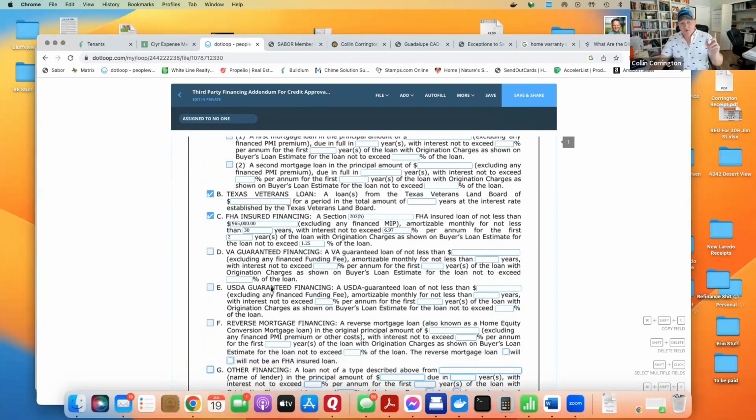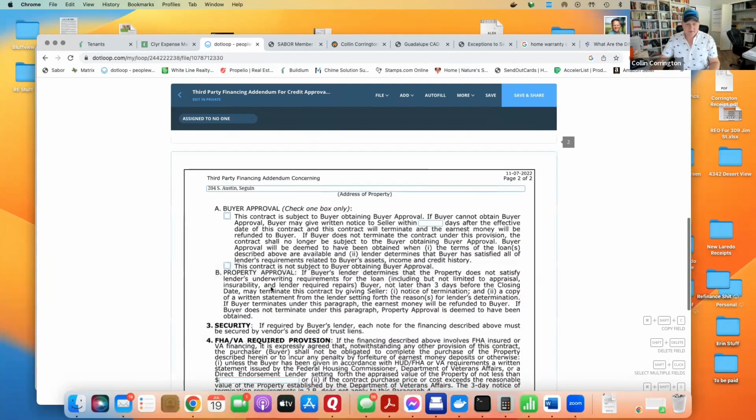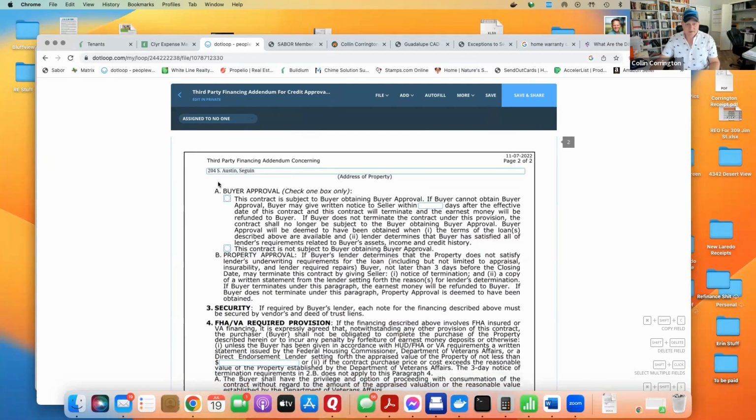Now, with all that being said, this next section is important. This contract is subject to the buyer obtaining buyer approval. Everything we filled out on the 1 to 4 can be canceled out by this checkbox.